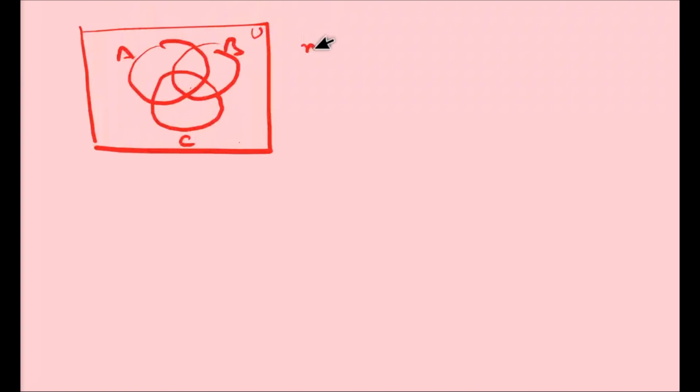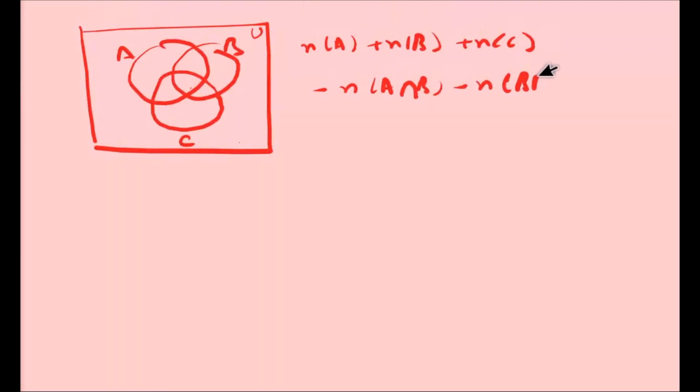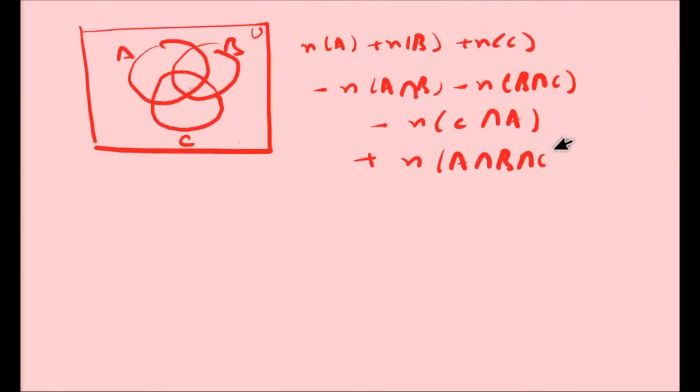So now the formula will be NA plus NB plus NC minus NA intersection B minus NB intersection C minus NC intersection A plus NA intersection B intersection C equals NA union B union C.